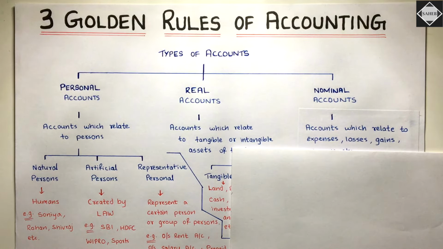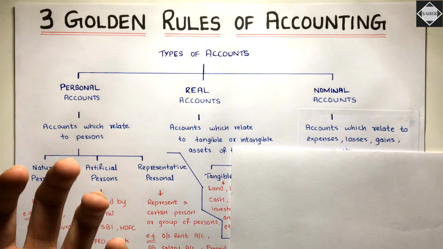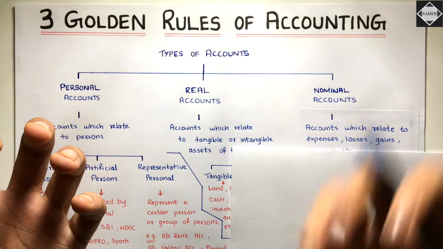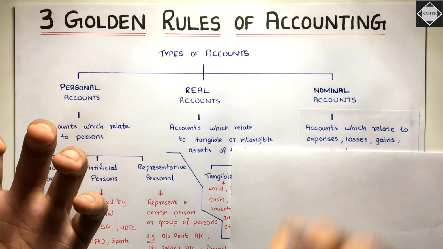See here, the subcategories are first natural persons, such as us, humans, Sonia, Rohan, Rohit, Shivraj. Simple. If Sonia is receiving money, then you will have to debit, debit the receiver. If Shivraj is losing money or giving money, then you will have to credit, right?